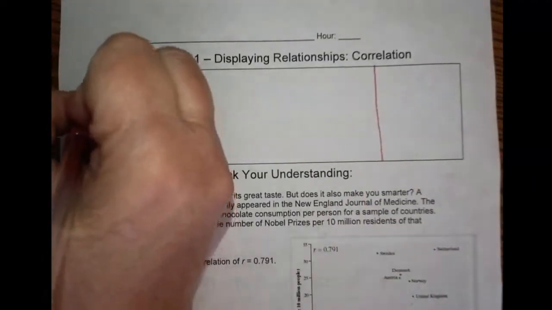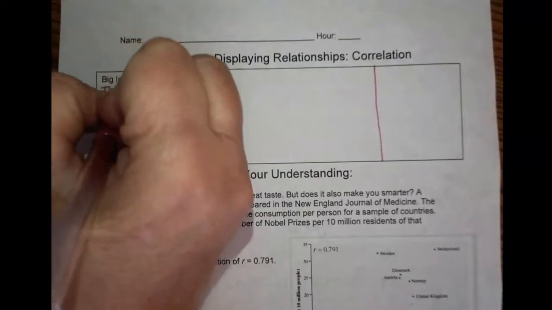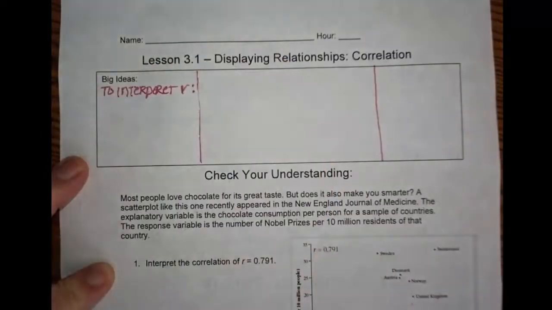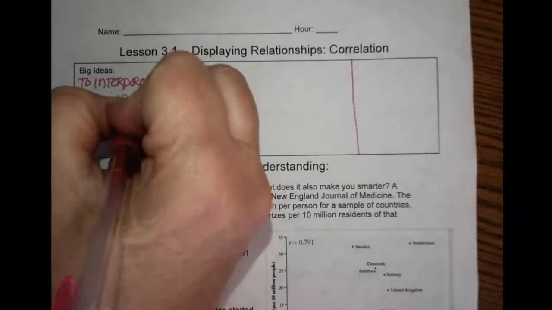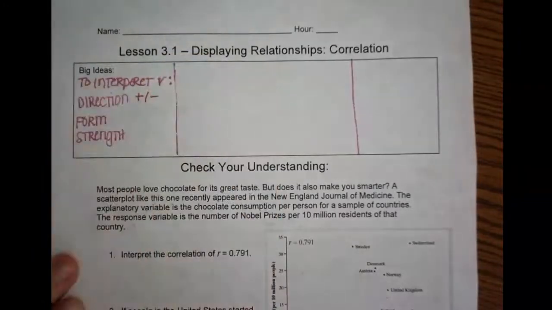So to interpret R, if I say interpret this correlation coefficient, you're going to tell me direction as either positive or negative.